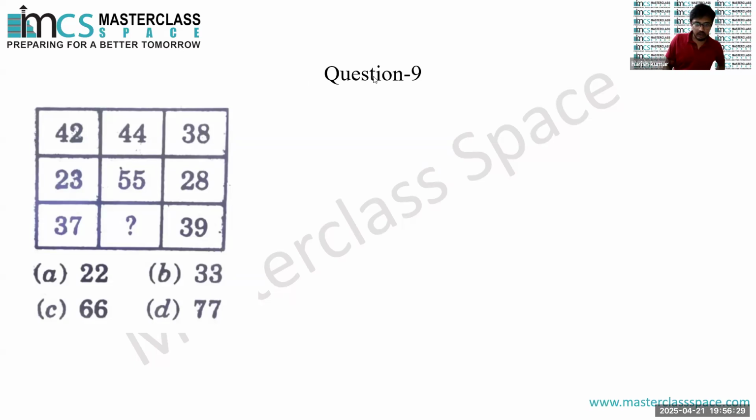See, now if you try 42, 37, 23, all the different logics, you will not have any logic, right? In those cases, what you have to do is observe special things. Now observe that 44, 55 are multiples of 11. So something is related to 11, right? So 44 is 11 into 4. 55 is 11 into 5.